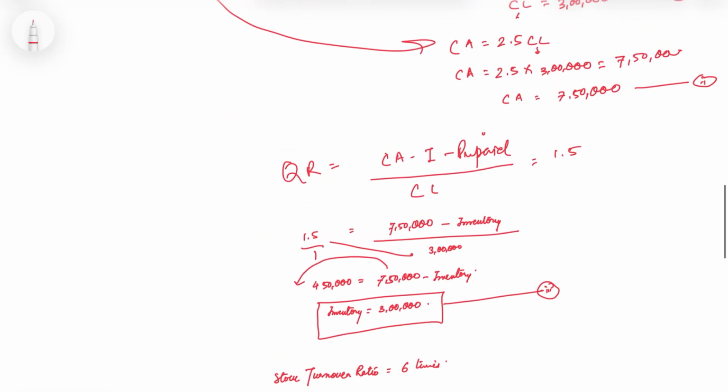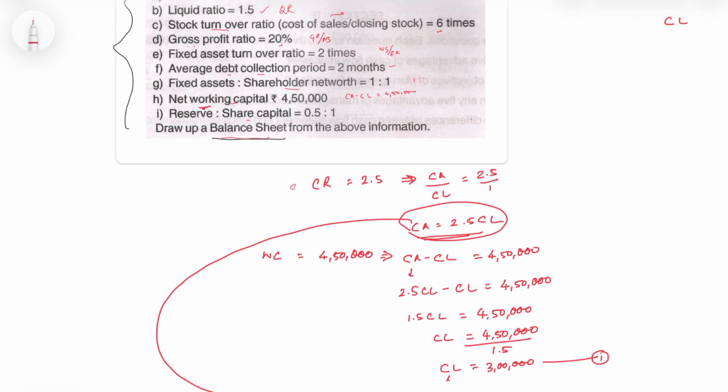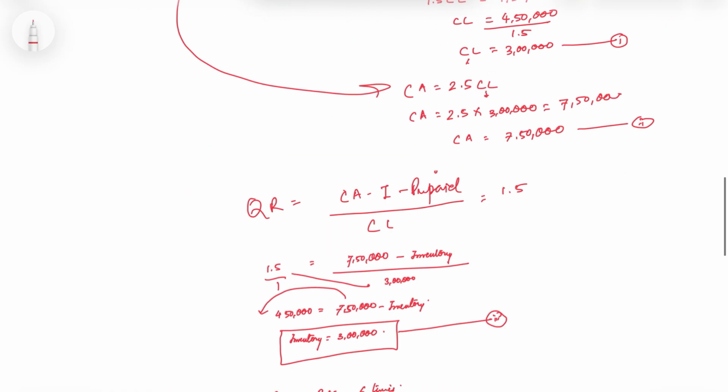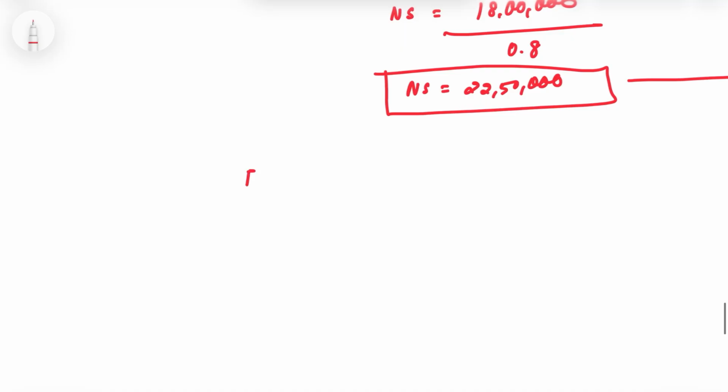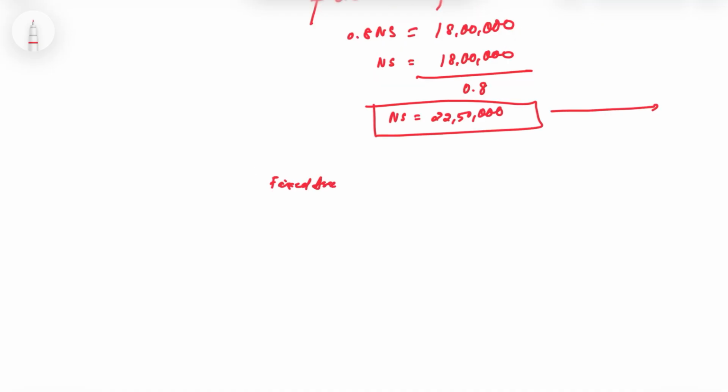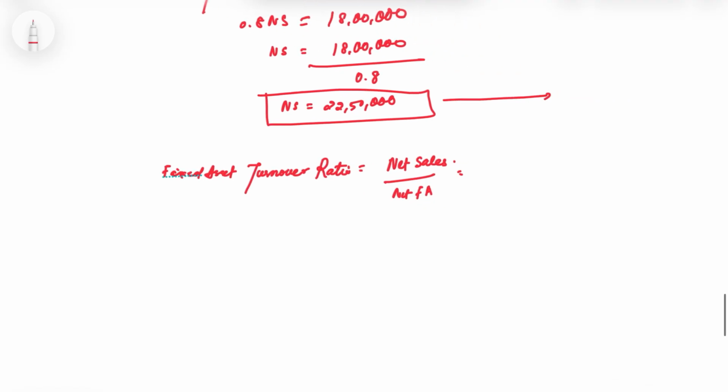Next information: the fixed asset turnover ratio. The formula is net sales divided by fixed assets.